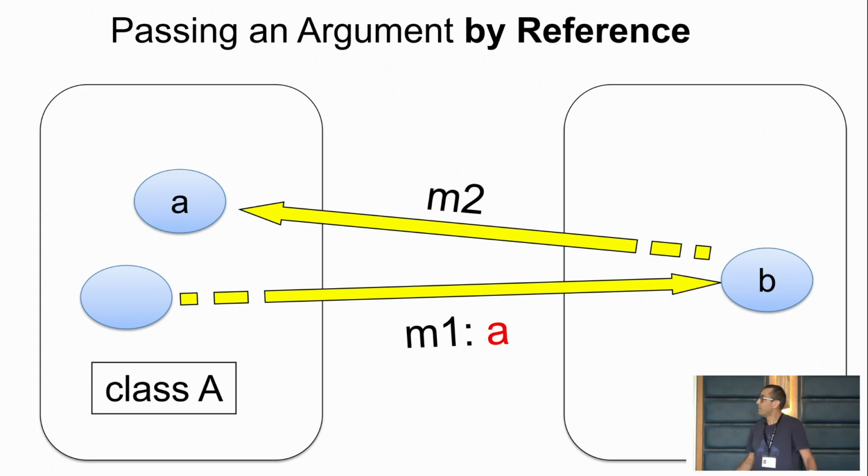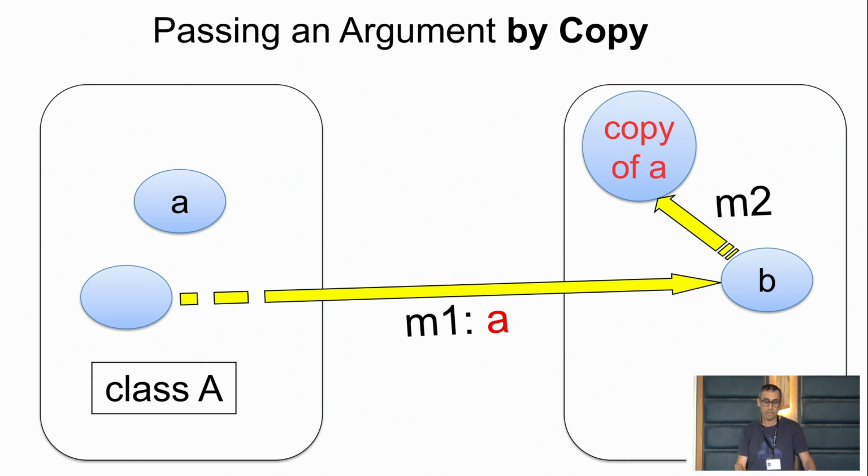If we are passing by reference, meaning the normal way we do it most of the time in a single image, we need to send another message back to the other side, which means that before returning or answering M1, we first need to get to the other side. So sometimes it makes multiple round trips before you get the response.